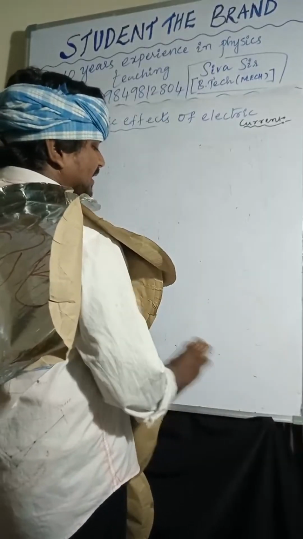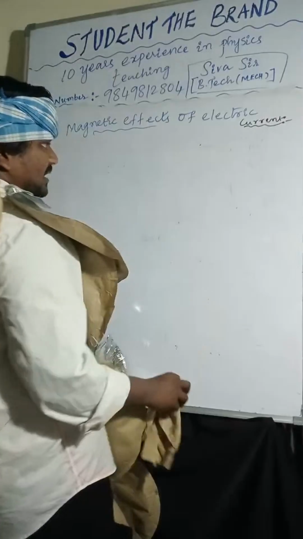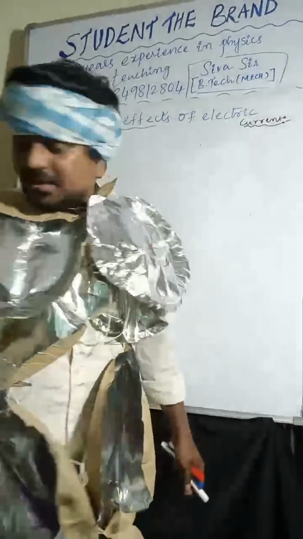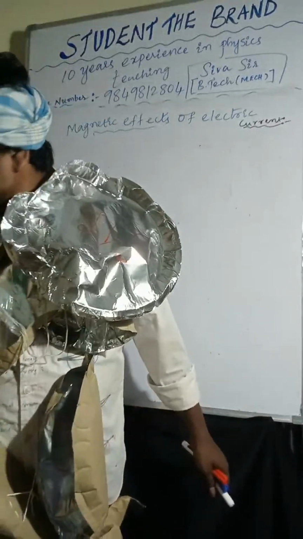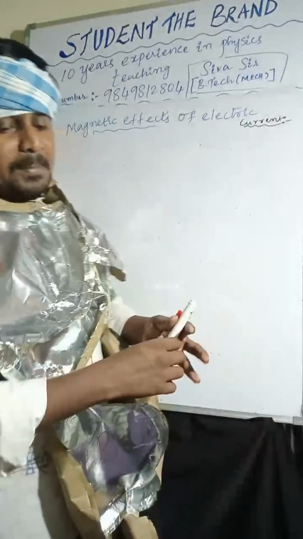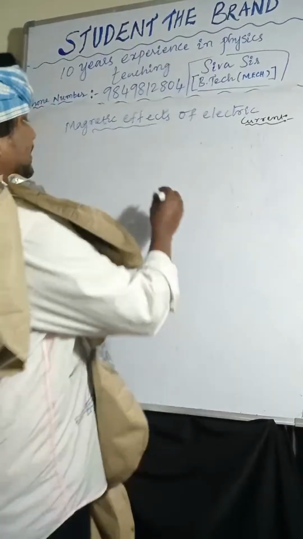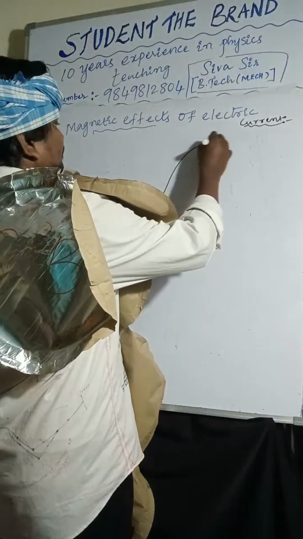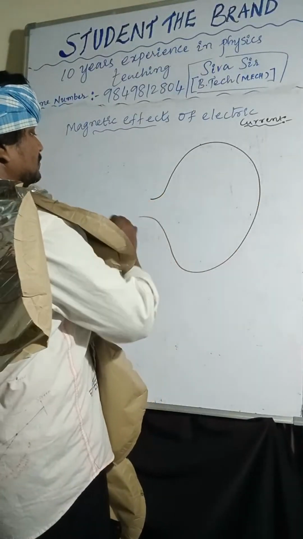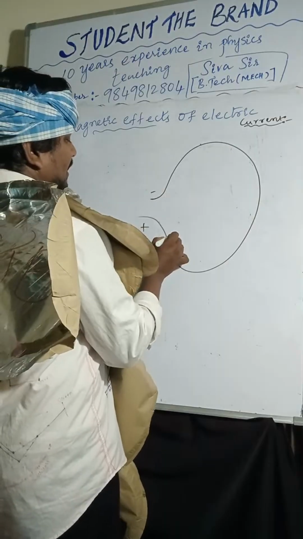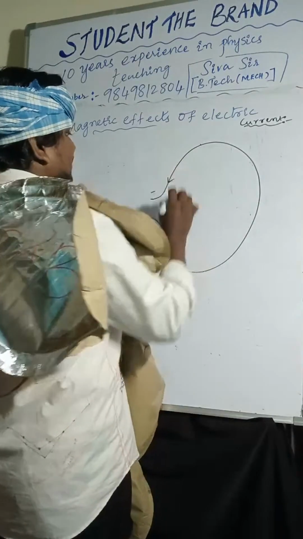I'm considering a single loop. Positive, negative, current is passing like this.